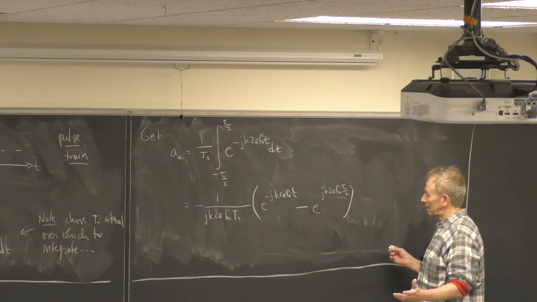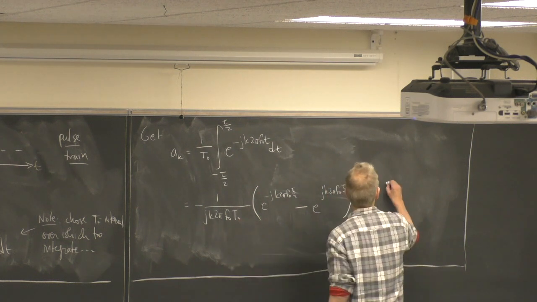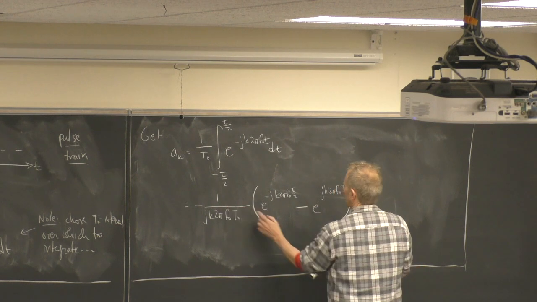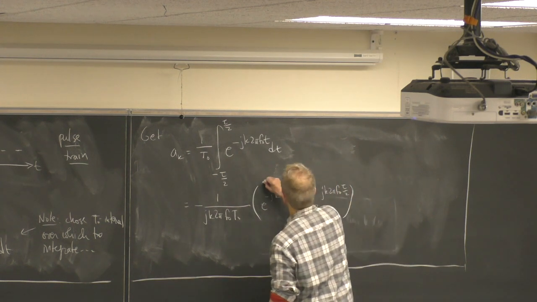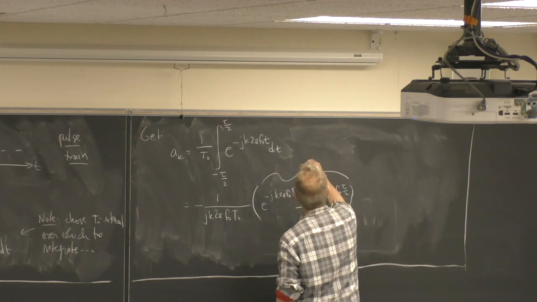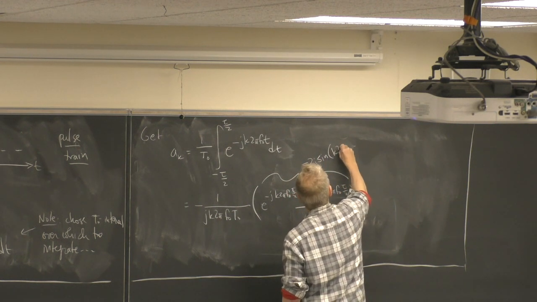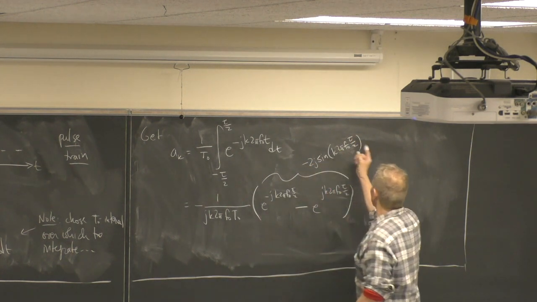You can simplify that as follows. f0 T0 is 1. So this just becomes a 1. Inside the parentheses, what have I got here? I've got an Euler thing. This guy inside the parentheses is equal to minus 2j sine of k 2 pi f0 tau over 2. The 2's cancel.